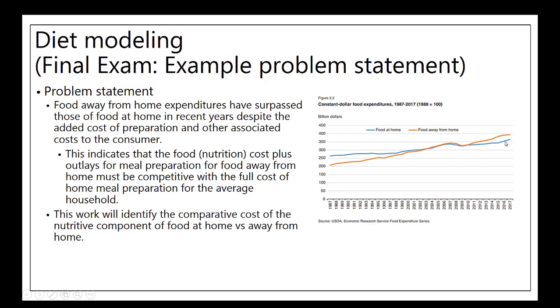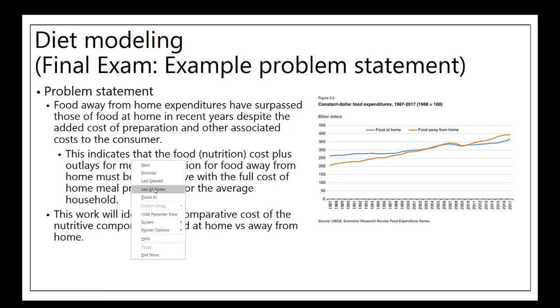We have a blue line here and a red line, and you see the red line eclipsing that. The problem statement says food away from home expenditures have surpassed those for food at home in recent years despite the added cost of preparation, right? Food away from home per unit of nutrition costs more. We know that because you're paying for other things. You're paying the service cost.